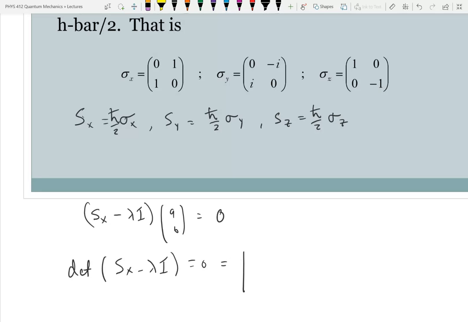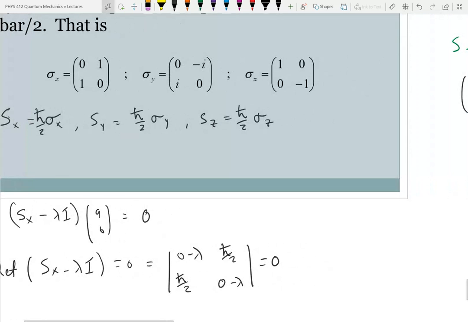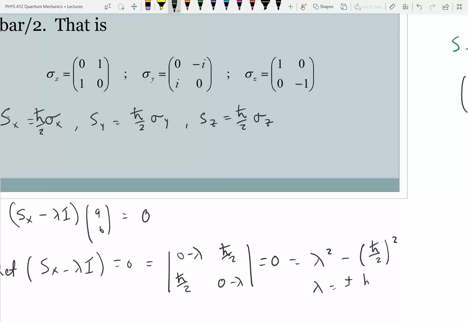Well, I've got to put it inside here. It's 0 minus lambda, h bar over 2, h bar over 2, 0 minus lambda. So that determinant's really tough. You were exactly right with your guess, Indy.